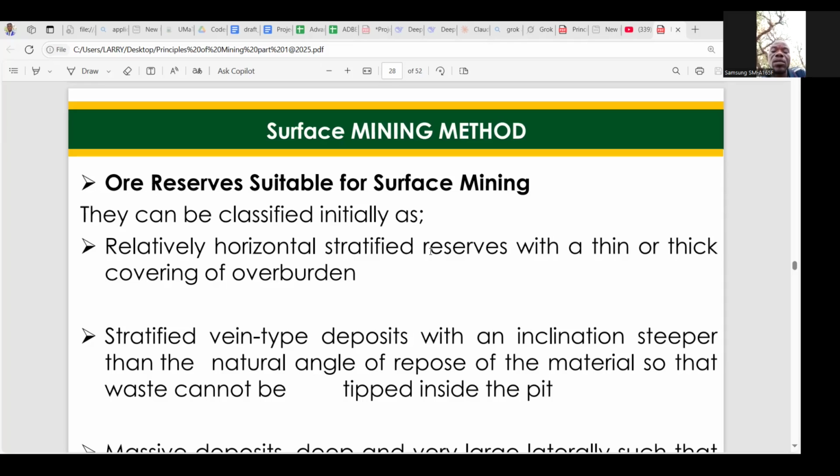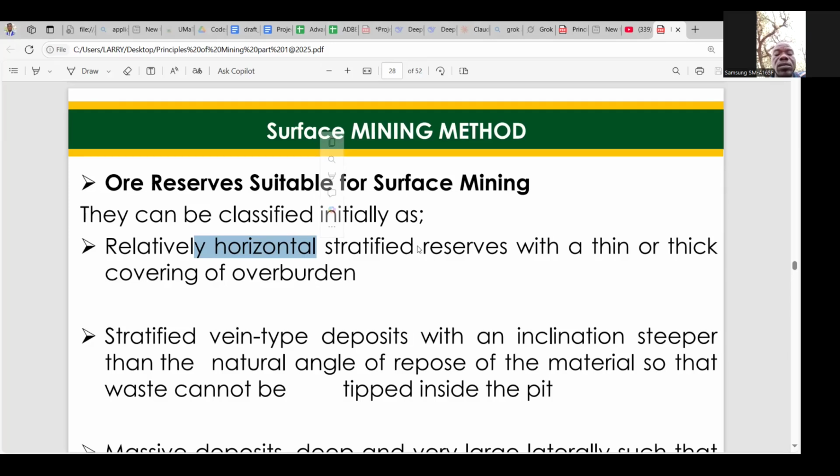And I also explained overbedding: they are the materials that cover or enclose the mineral of interest, the ore. So surface mining method is normally used when the ore is horizontal or stratified. So the ore should be thin or thick.